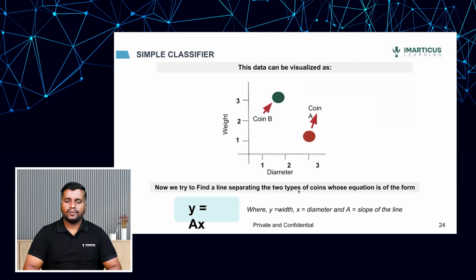And if we try to build a linear separation between these two points, we can see y equals ax would be that separation line, where y is equal to weight, x is equal to diameter, and a is equal to the slope of the line. So basically we are trying to predict the value of weight based on diameter, and a is the slope that will help us distinguish between the values.